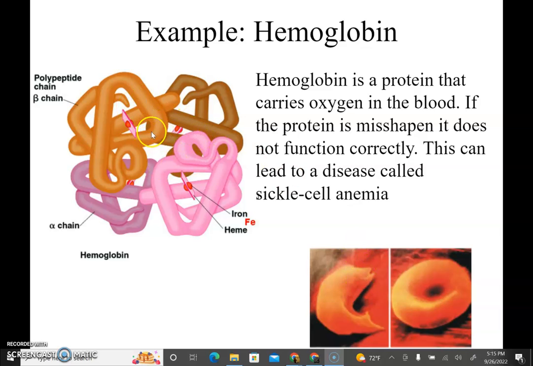Because the protein is the wrong shape, and remember the role of this protein is to carry oxygen, it makes the red blood cells the wrong shape. This can lead to problems such as clotting. Essentially, the person who has this misshapen hemoglobin protein that folded the wrong way can't carry oxygen effectively. And we're going to learn later in the course why we actually need oxygen to live.